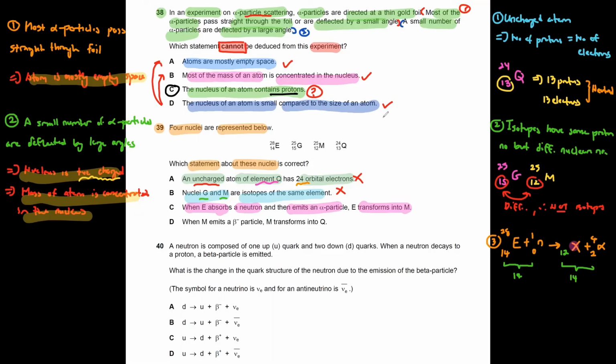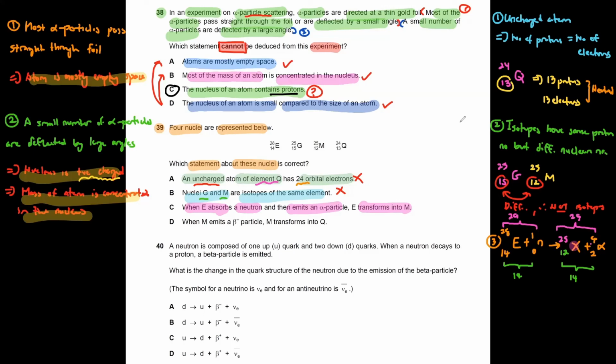And then if you look at the nucleon number at the top, this one is 29. So after the reaction, it should also have been 29. So X here for the nucleon number should have been 25, so that when you add 4 here, you will get back 29.